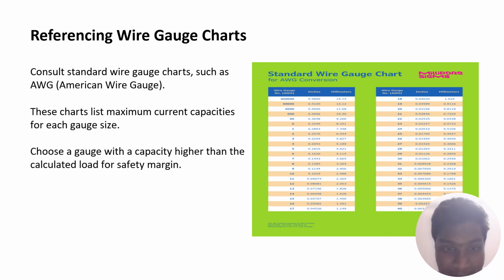Choose a gauge with a capacity higher than the calculated load for safety margin. The standard wire gauge is also useful to protect from short circuits, so we can use the wire safely while the current passes.